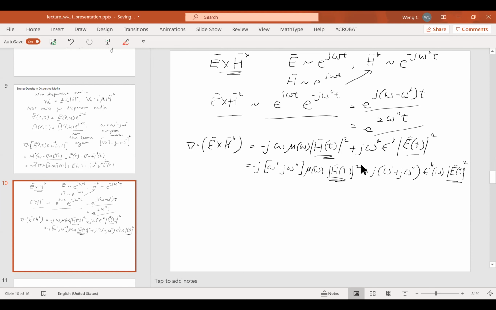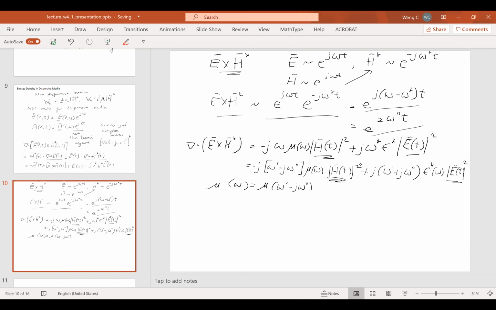okay? And then I'm going to assume that mu is now a function of a complex frequency, with a real part minus a small imaginary part, okay?